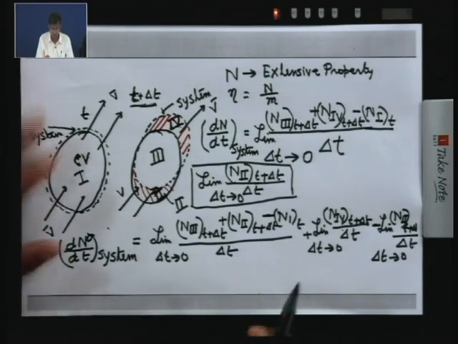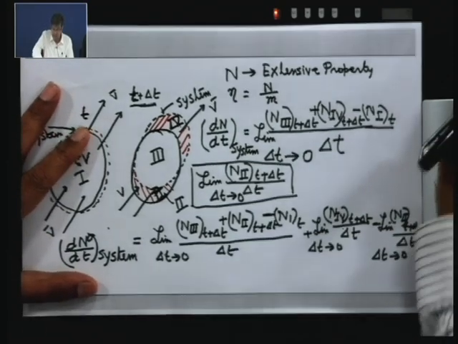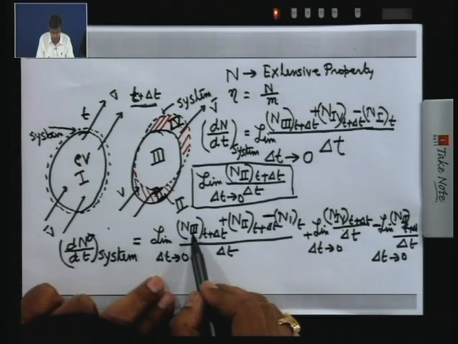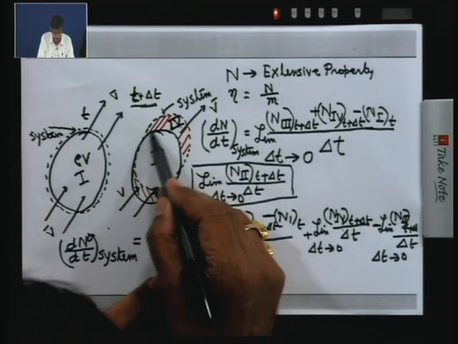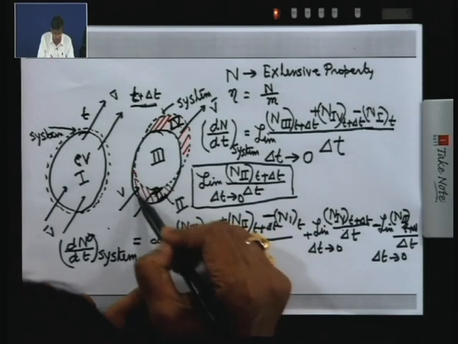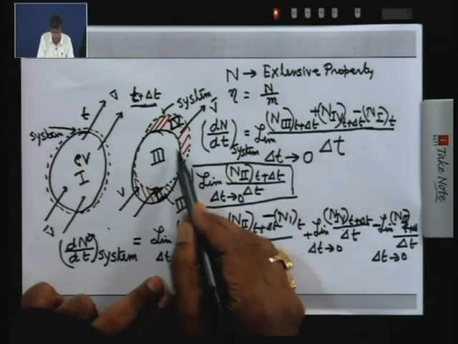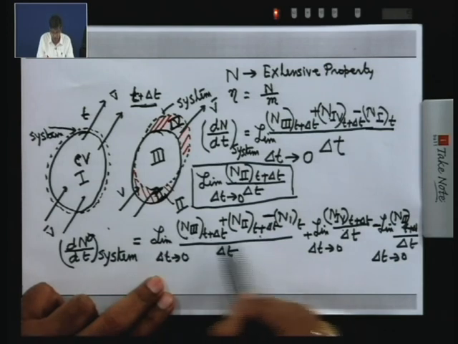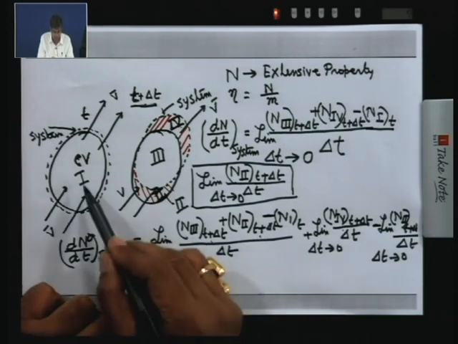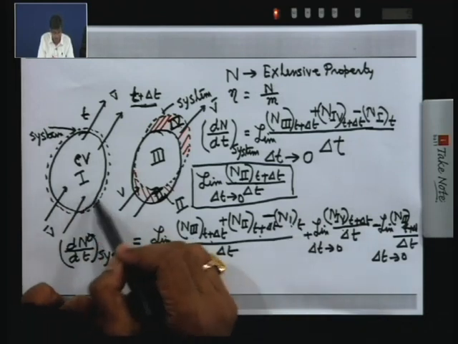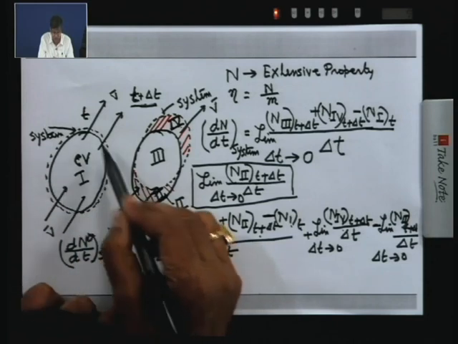Now, what is this term? Try to understand what it represents. N3 plus N2 means the property N contained in the control volume at what time? At t plus delta t, and N1 is the property in the control volume at time t, because in this situation the control volume and system coincide with each other.